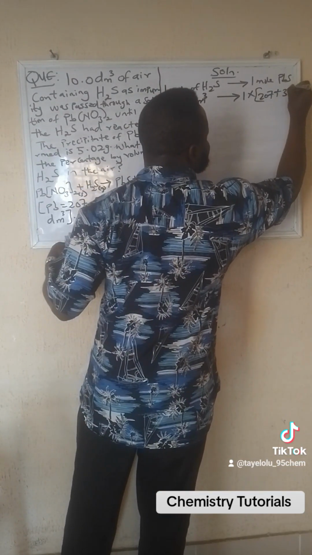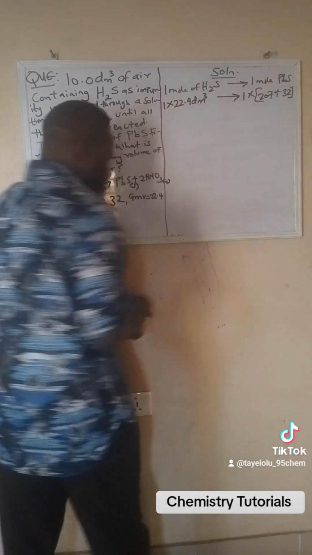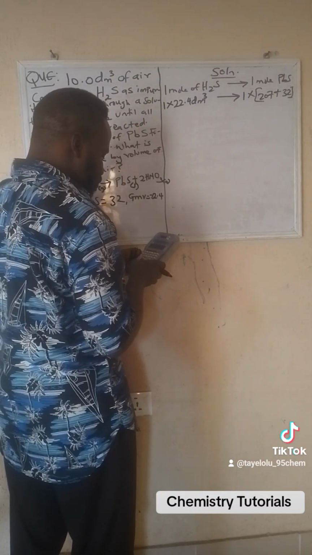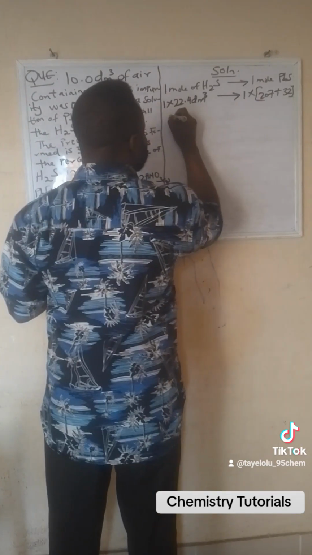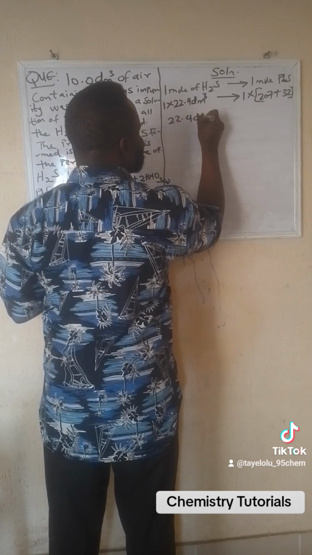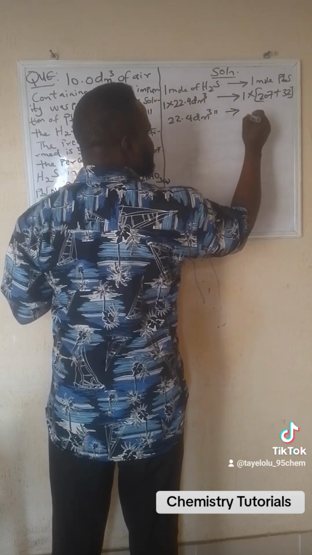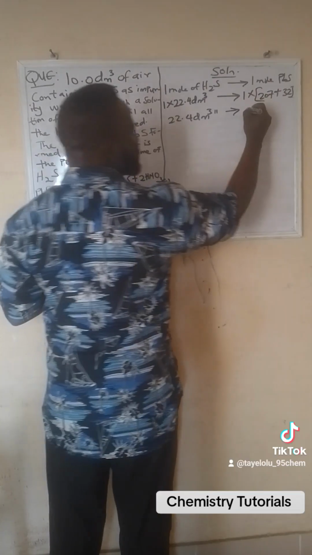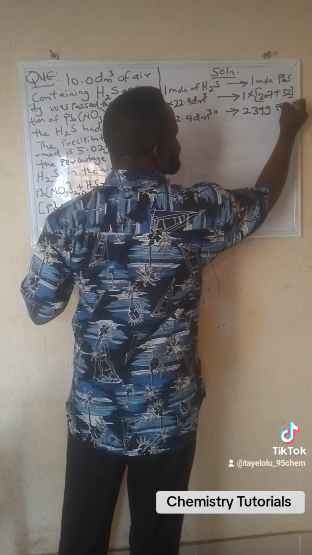So we are going to have 1 times 207 plus 32, which gives 239. So you have 22.4 dm³ of H2S would produce 239 grams of lead(II) sulfide.